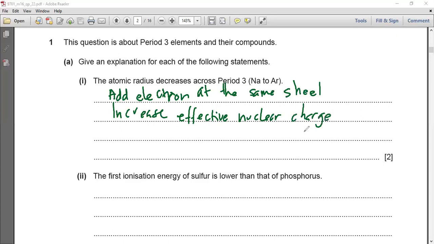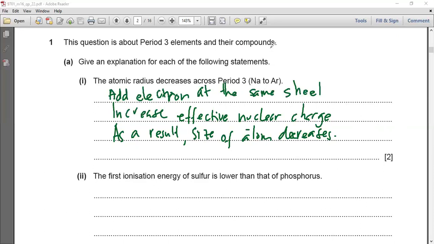As a result, the size of the atom decreases. I hope you have the same understanding as I explained to you.